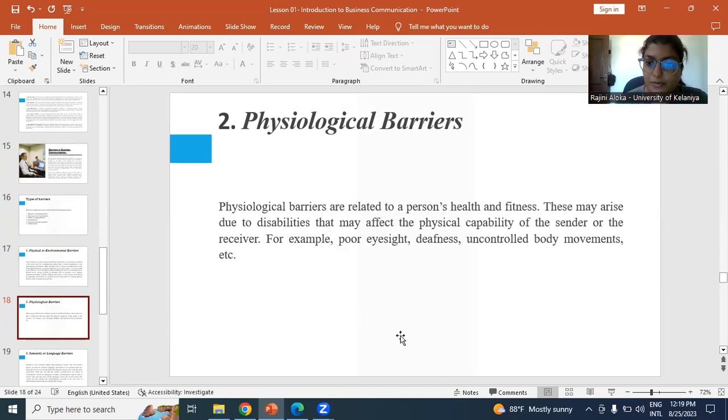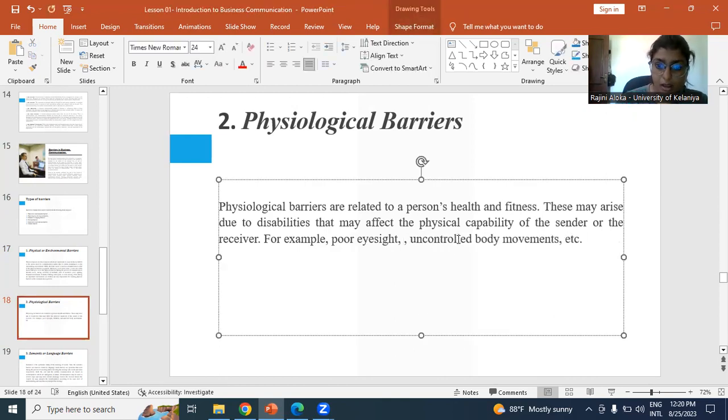Physiological barriers are related to a person's health or fitness. These may arise due to disabilities that may affect the physical capability of the sender or the receiver. For example, poor eyesight, hearing impairment, uncontrolled body movements, etc. So a person with some physical challenges will find it hard to send or even to receive the message.